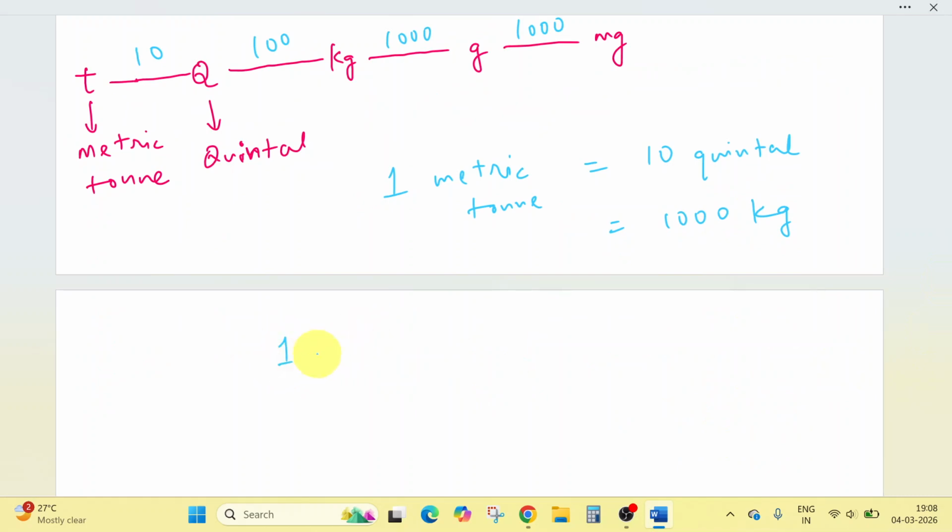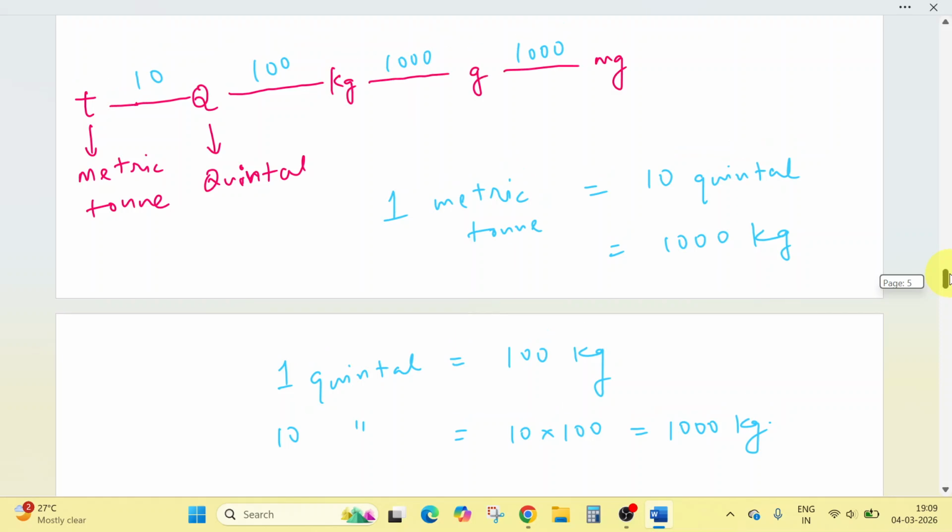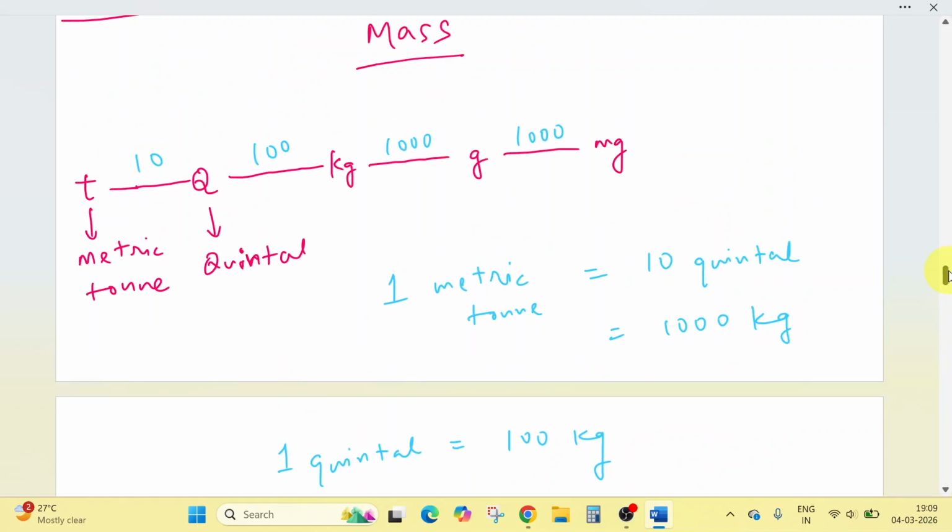And 1 quintal equals 100 kg, right? Then obviously 10 quintal equals 10 into 100 equals 1000 kg. It is obvious, na? Very, very easy, nothing to worry about.